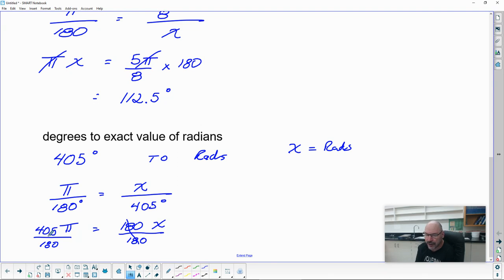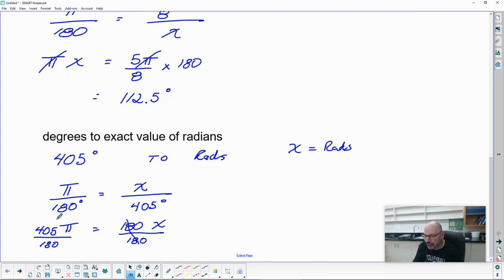So what can go into 405 and what can go into 180 is what you have to decide. We obviously can get 5 in there, but we can probably do a larger number than that. Okay, so whip out the calculator and go, well, let's try 45. 405 divided by 45, because I know 45 goes into 180.